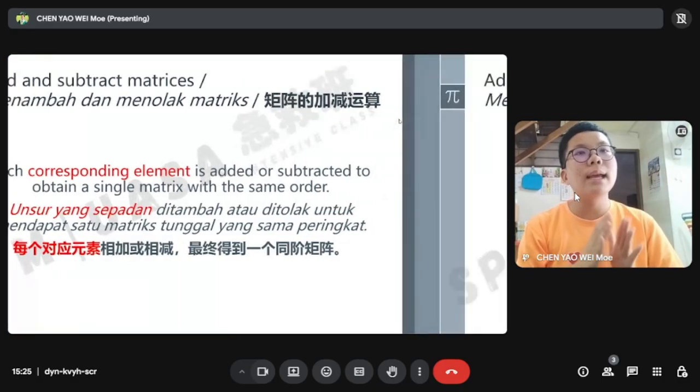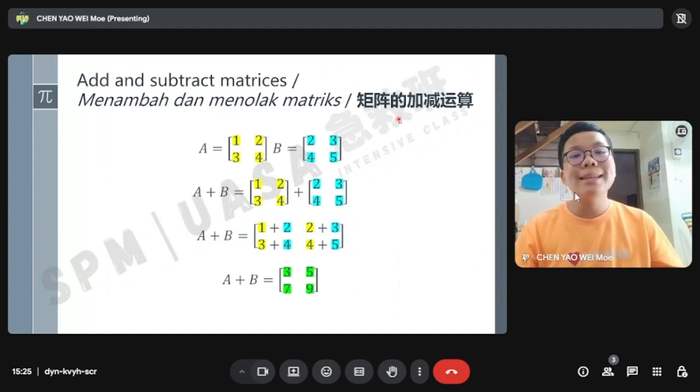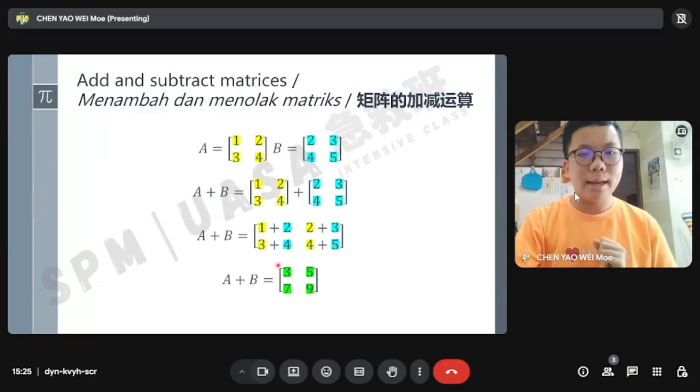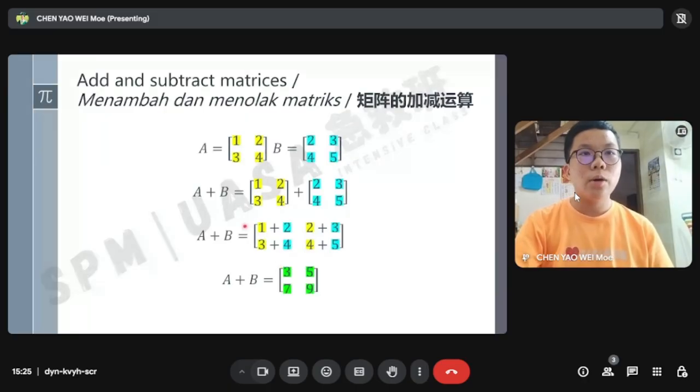Given that A equals 1, 2, 3, 4, B equals 2, 3, 4, 5. Now I want to add these two matrices together. We add as usual, corresponding element to corresponding element.